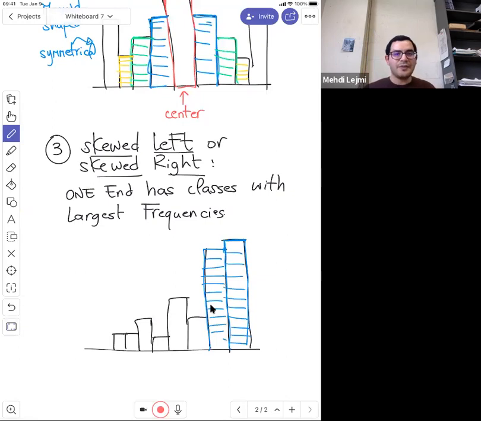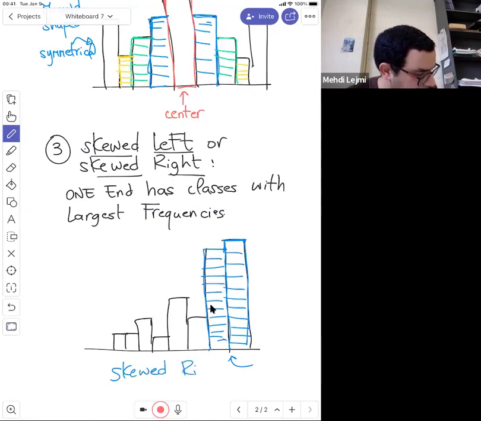So in this case, your histogram is called skewed right, because the right side has the largest, or highest, frequencies.